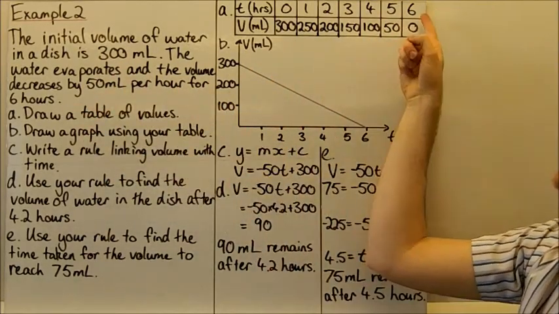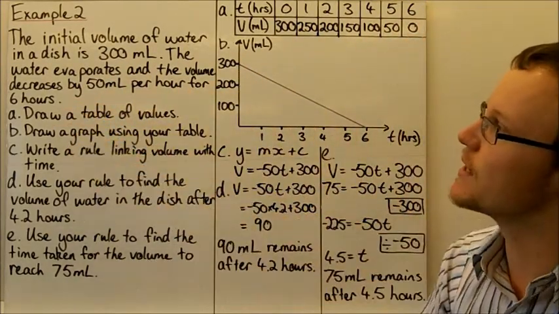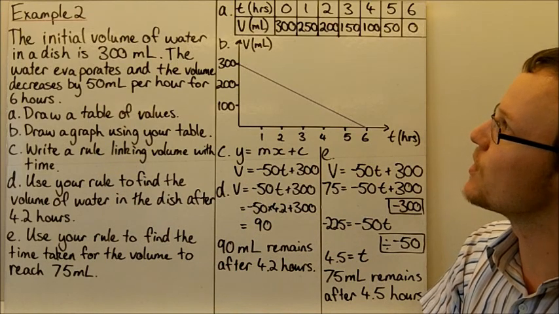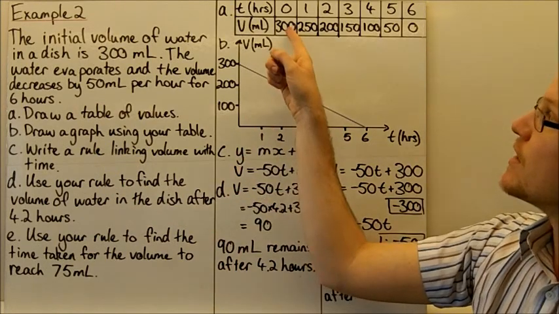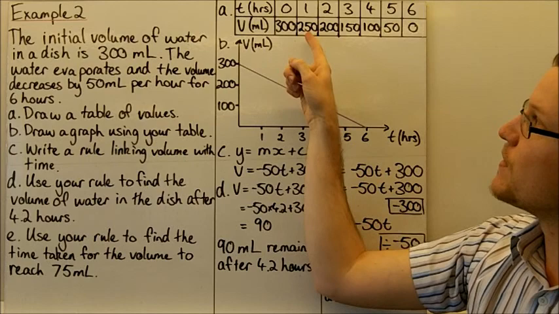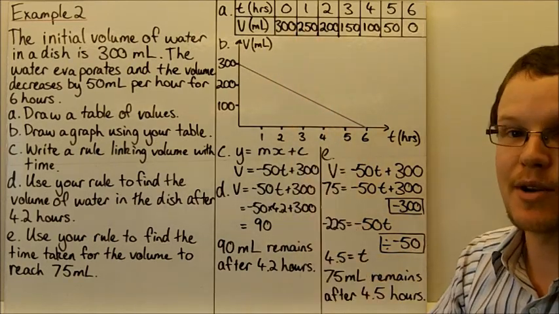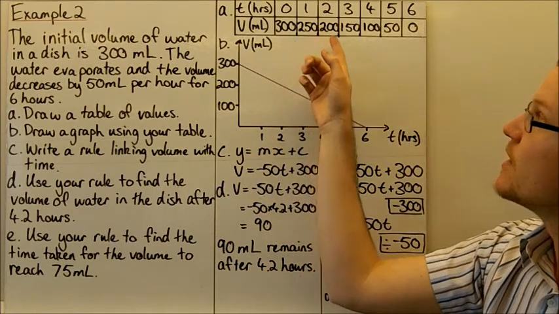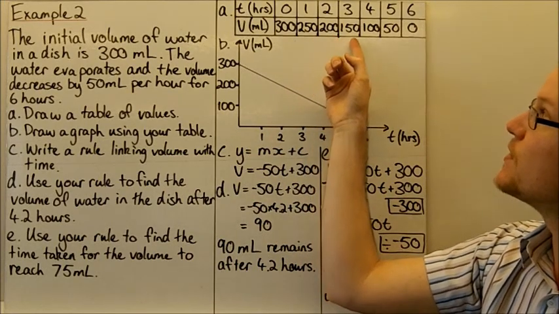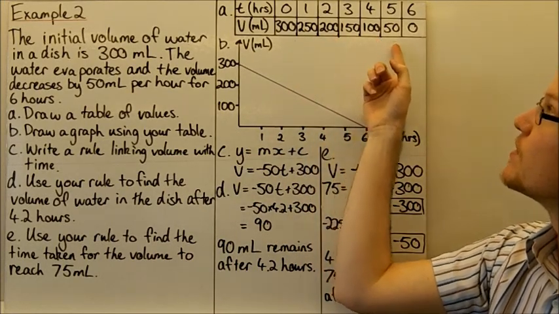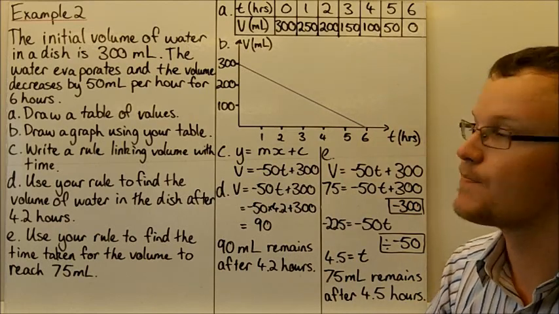So I've chosen up to 6 for the values that we've got there for time. It decreases every hour by 50 millilitres. So if we start at 300, it will go to 250 in the next hour, then 50 mil less, 50 mil less, 50 mil less, and 50 mil less.